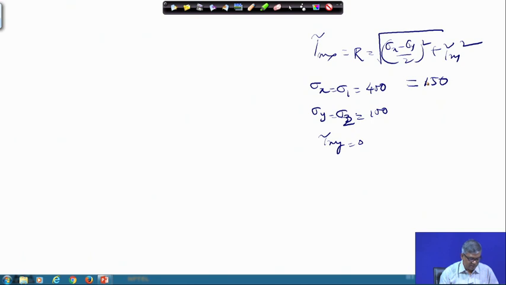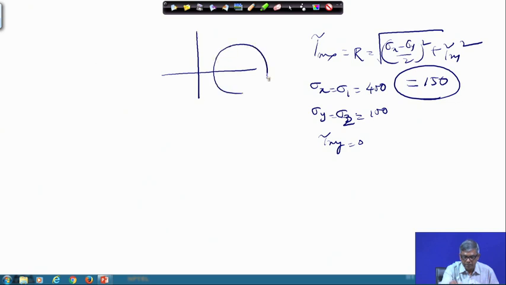And so, that means the maximum shear stress is 150. Now we have to find out the orientation. The maximum in-plane shear stress is oriented at 2 theta equal to 90 degrees from the major principal stress, because if your circle is here, this is the major principal stress and this is the shear stress.